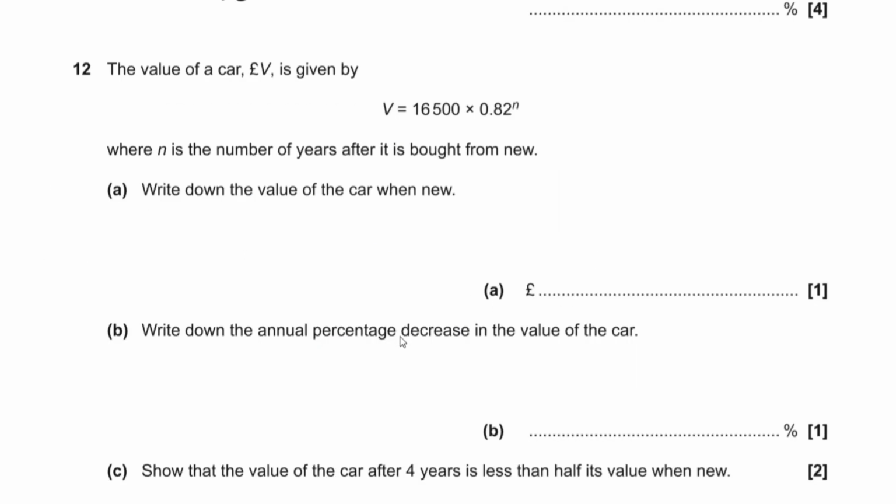Question number 12. The value of a car V pounds is given by V equals 16,500 multiplied by 0.82 to the n, where n is the number of years after it is bought. Part A, write down the value of the car when it is new. When it is new, n is equal to 0.